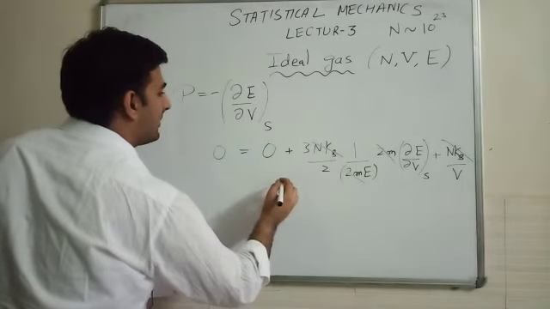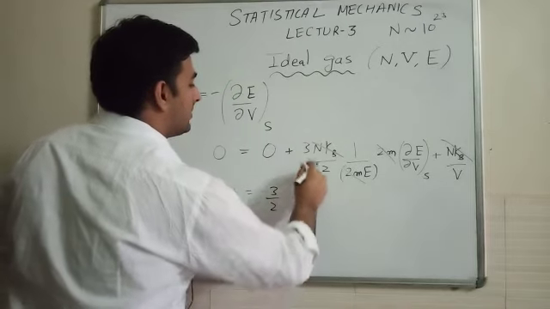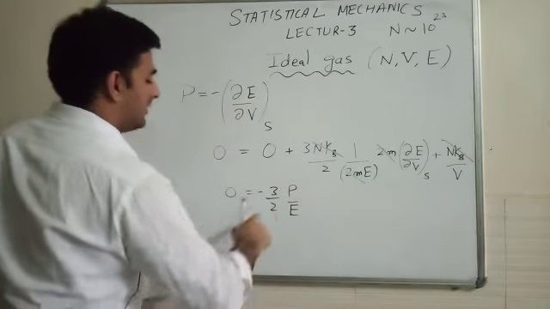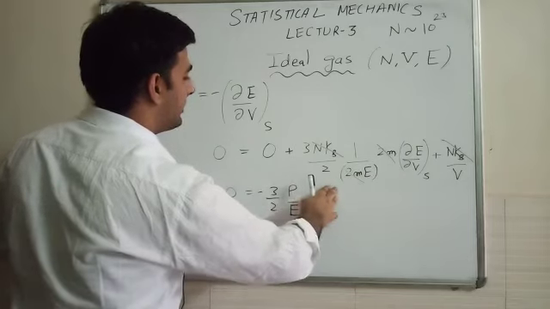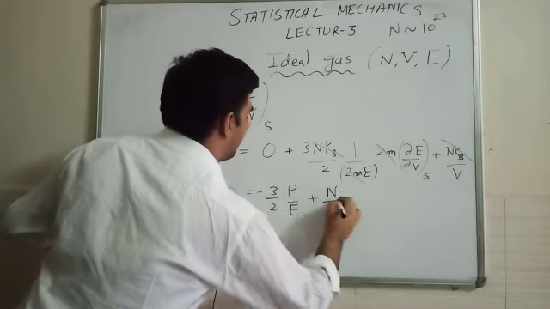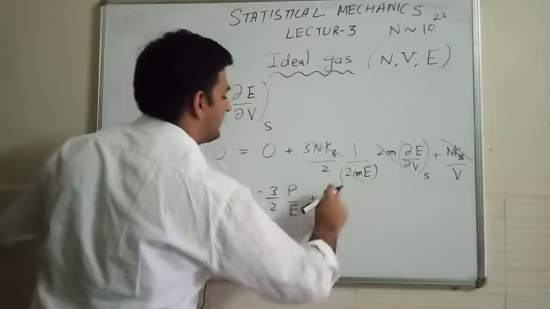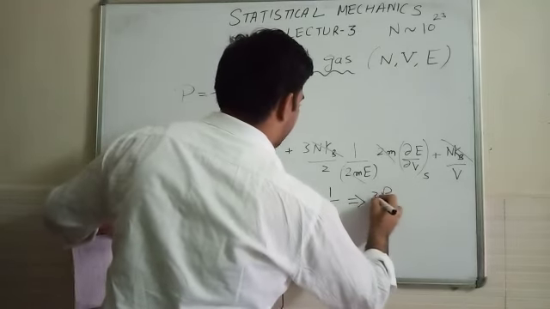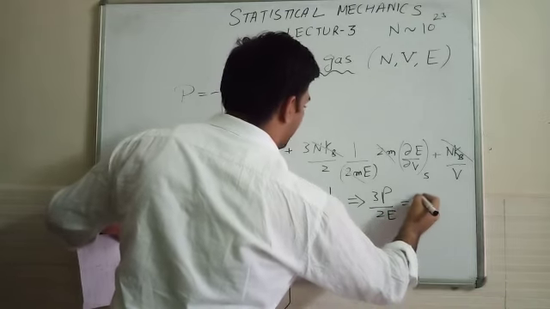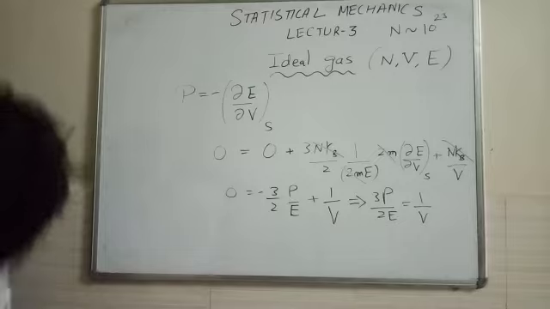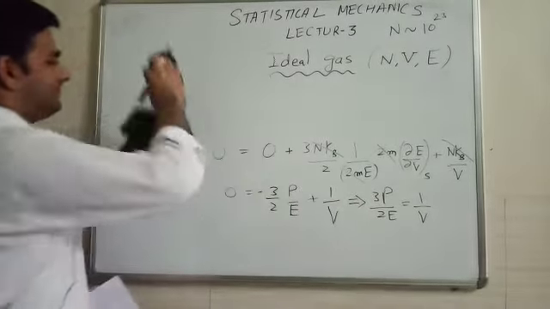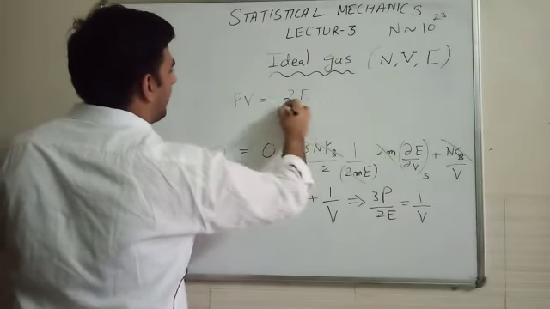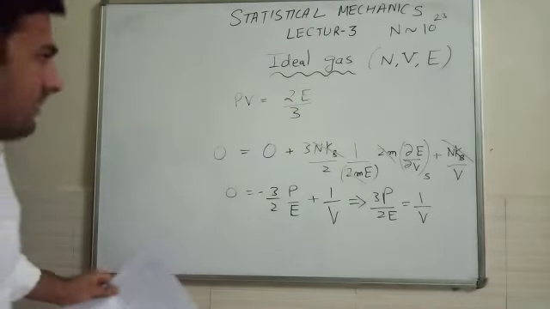So we get 3/2 times minus P over the energy, plus 1 over V, equal to 0. So that becomes P times 3/2 over E equals 1 over V. So this is PV equals 2E over 3. So that's our equation of state for the ideal gas.